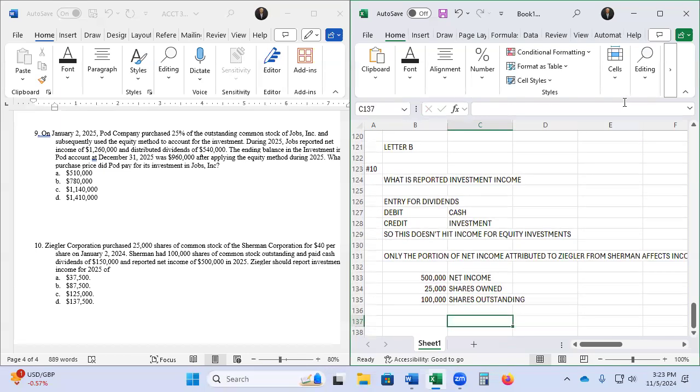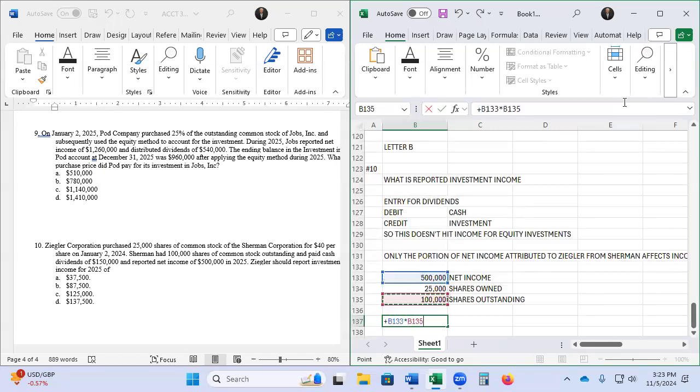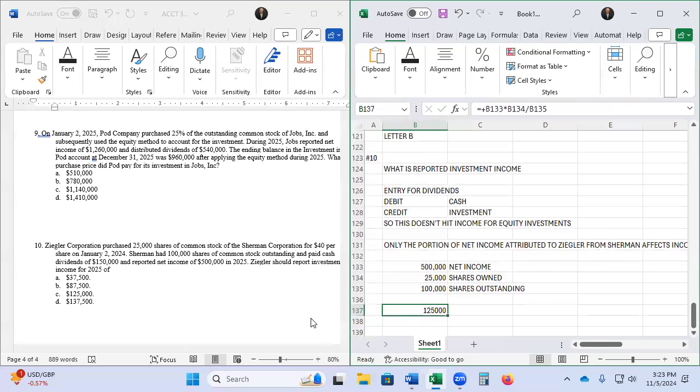So if we take the 500,000, multiply it by 25,000 and divide by 100,000, we get 125,000. Because they own 25% of net income.